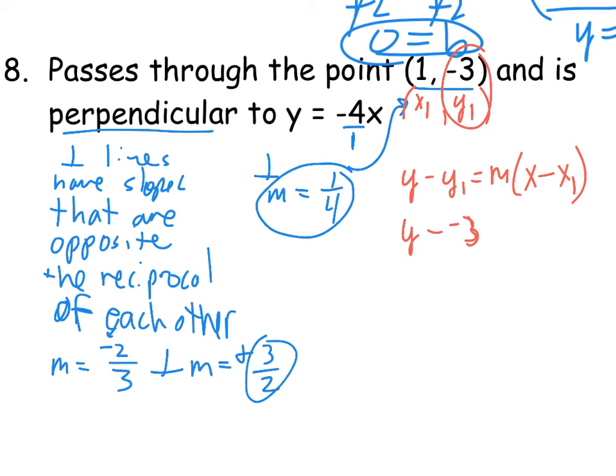Not -3, but minus a -3. Equals m, well, that's my slope, 1/4 times x minus, well, my x sub 1 is right there, 1. Remember, you're not plugging anything in for x and y here, just x sub 1 and y sub 1.